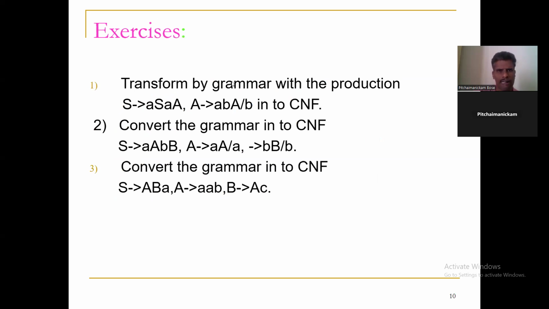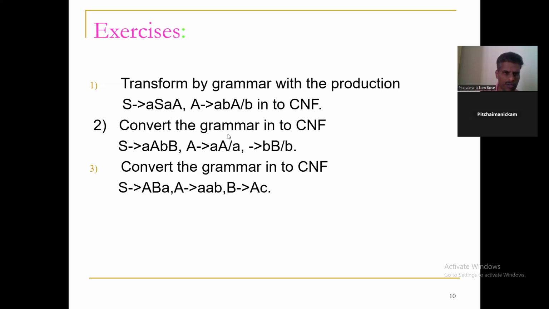Transform the grammar with the following productions into CNF: S derives aAS or a, A derives SbA or ba, and so on. Convert the following grammars into CNF: S derives abb, A derives aA, B derives bB or b.